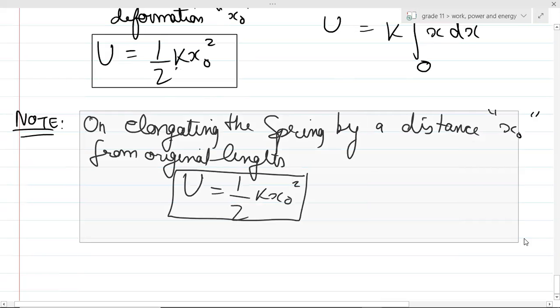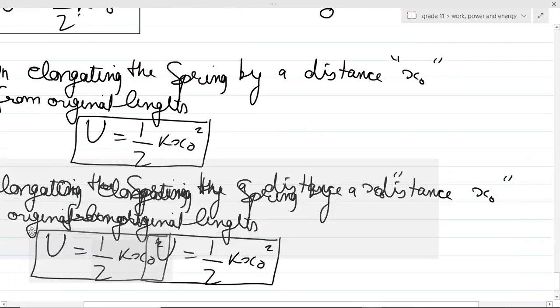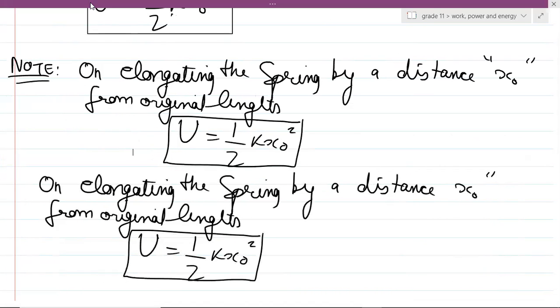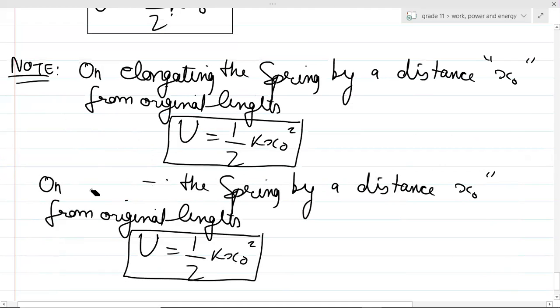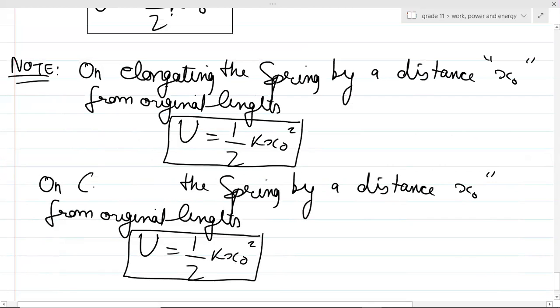If I don't want to elongate it, if I want to compress the spring, then also the potential energy stored in the spring is half k x naught squared.